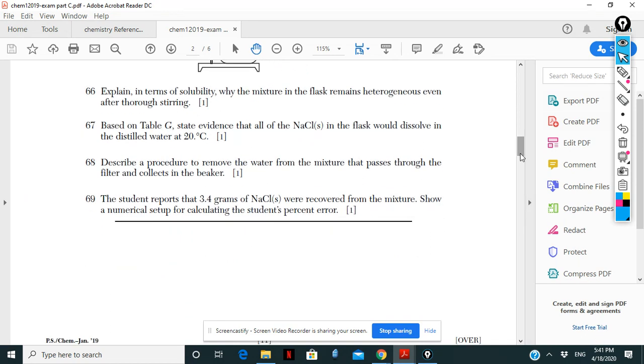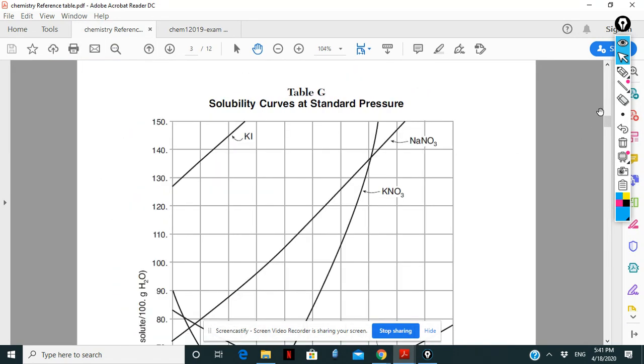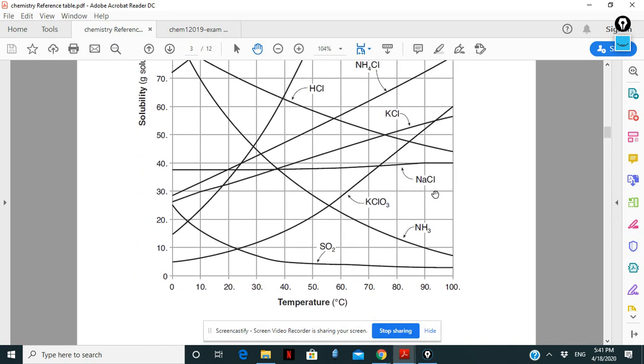Based on Table G, state the evidence that all of the sodium chloride in the flask would dissolve in distilled water at 20 degrees Celsius. So I go to the reference sheet, Table G, and find sodium chloride. At 20 degrees Celsius, it can dissolve almost 36 grams per 100 grams of water.